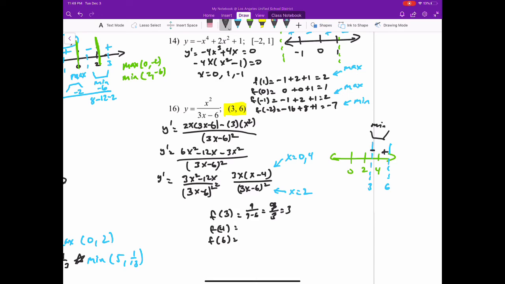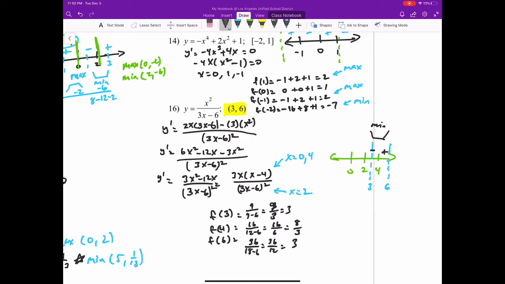If I plug in 4, it'll be 16 over 12 minus 6, which is 16 over 6, which gives me a fraction of 8 over 3. And if I plug in 6, it's going to be 36 over 18 minus 6, which is 36 over 12, which is a positive 3 also.